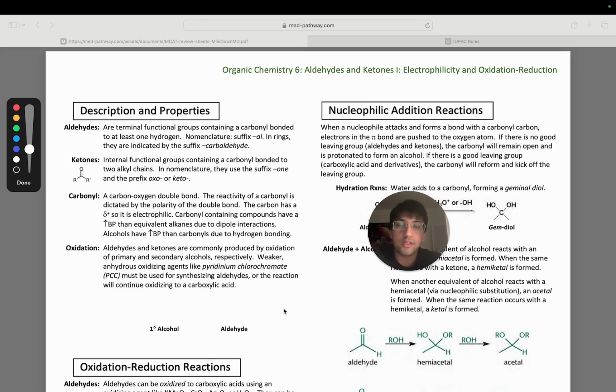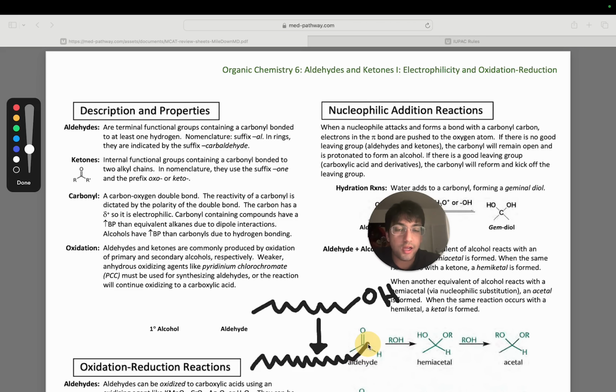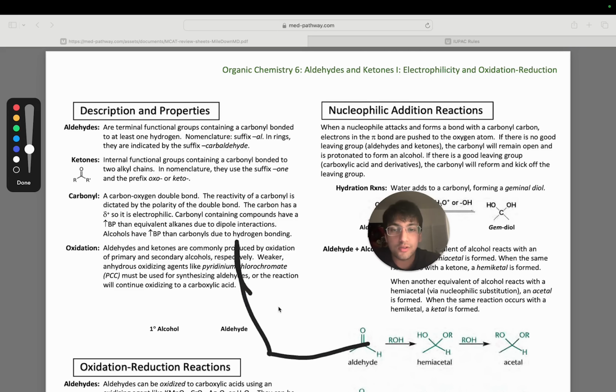Well, let's say I have this chain and I have a primary alcohol at the end of it. I want to oxidize this, and let's say I use a really strong oxidizing agent. What's actually going to end up at that end is this chain, then a double bond to oxygen, and then this OH. So this is a carboxylic acid.